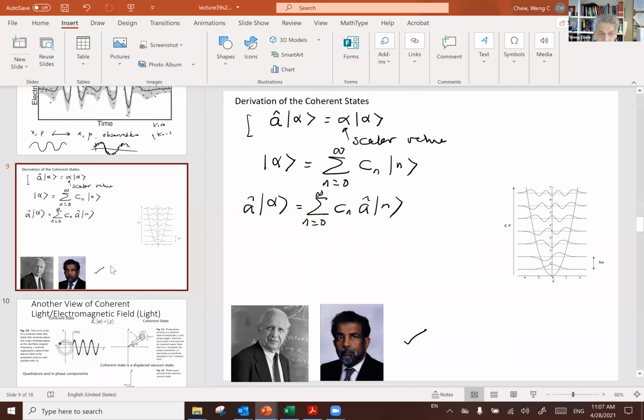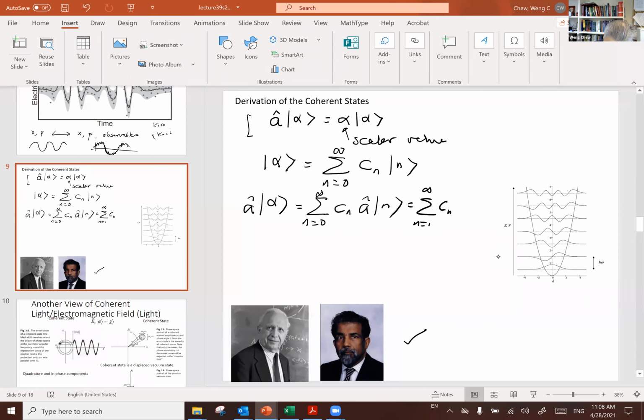So what we have then is that the photon number state with n equal to 0 will disappear when it is operated on by a hat, which is the annihilation operator. It will go to 0, and this summation can now start from n equal to 1 to infinity, and then you will have Cn.